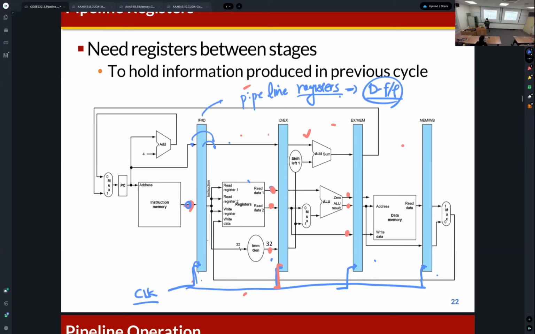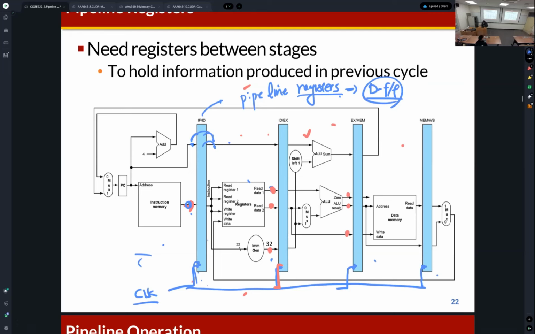So actually, these registers are D flip-flops. It just means that they sample the output signals of this stage and hold these values for the next stage. Okay, so these are just D flip-flops.